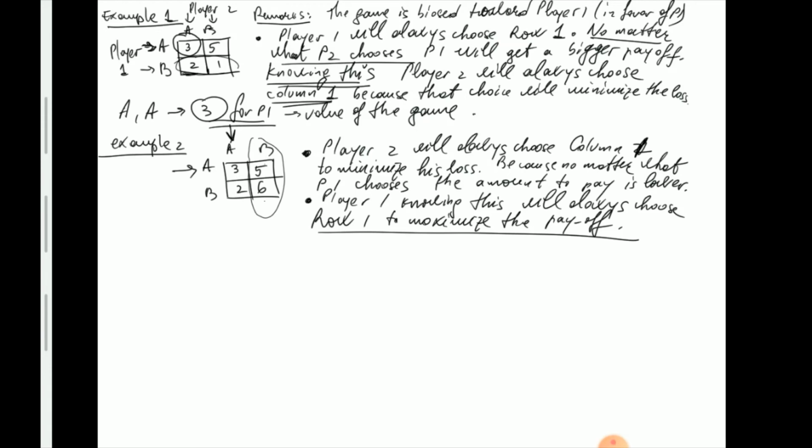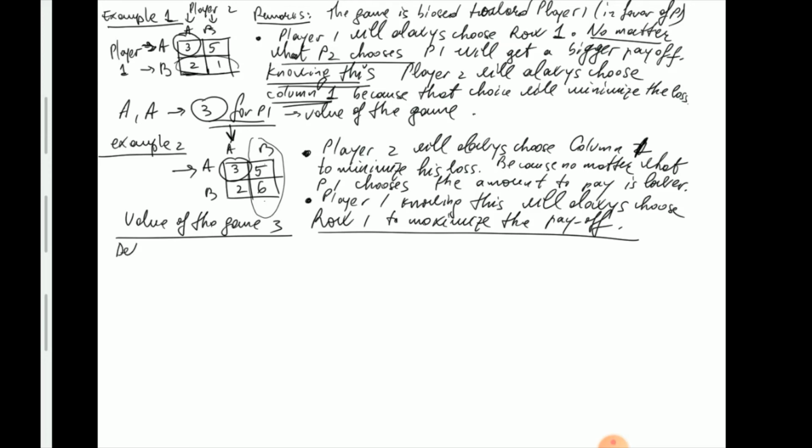So again, this is another example of what we're going to call a strictly determined game. So the value of the game is again 3 in this case. And there is a very easy test to figure out when we have such a game, because the entries should be distributed in such a way that this choice is obvious.